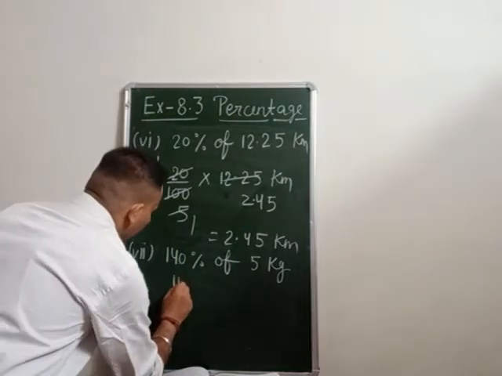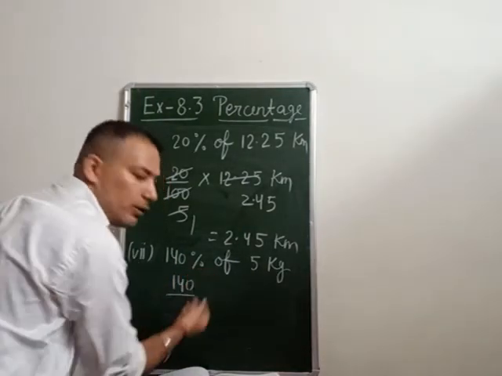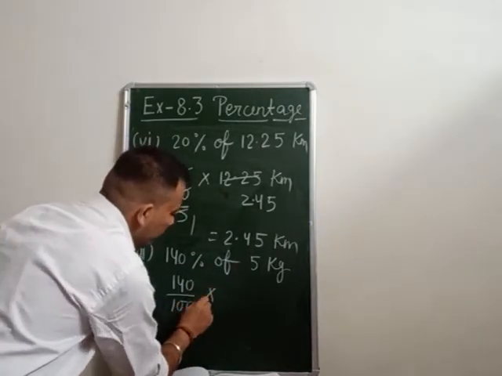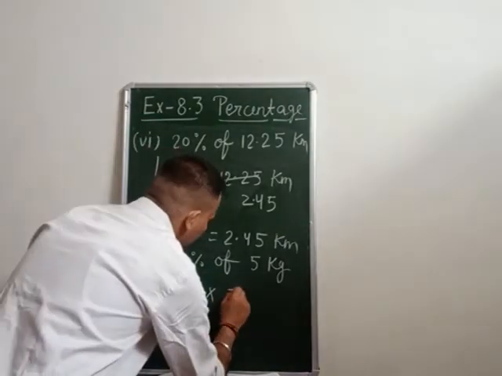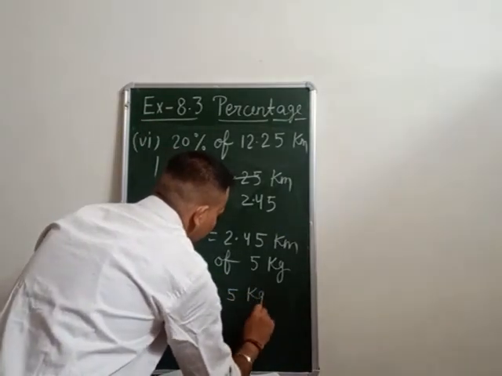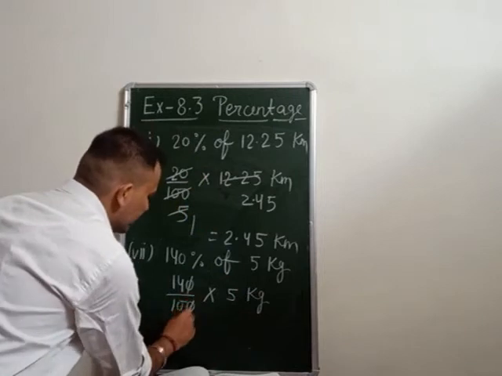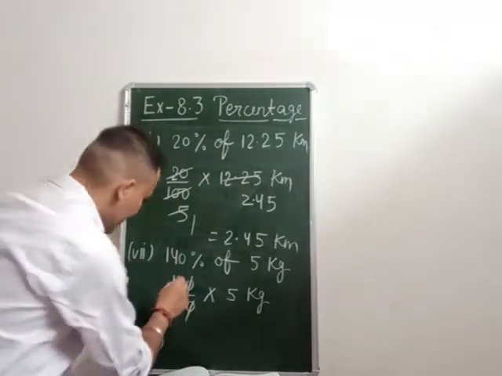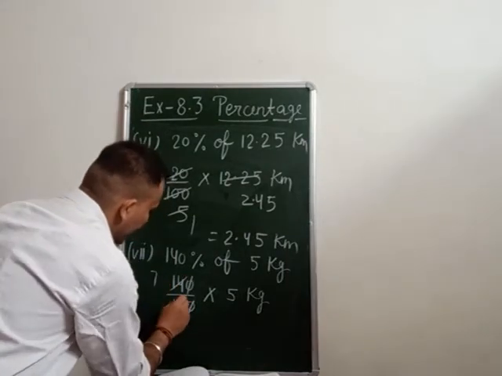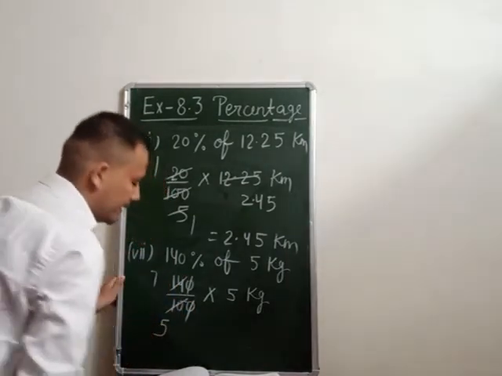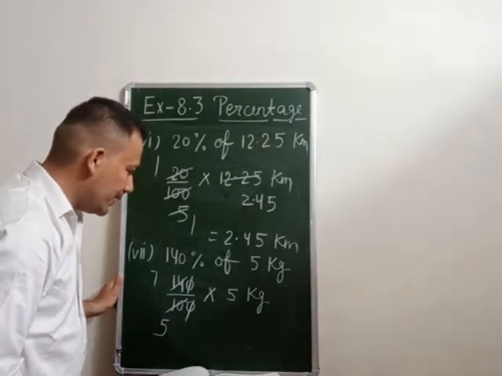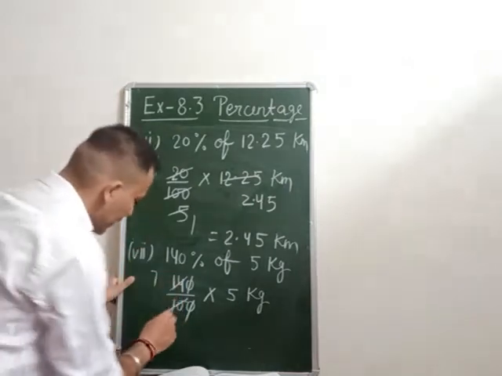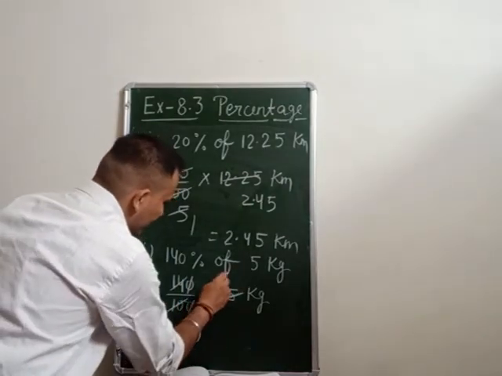140 upon percent. Remove the percent. What will happen? 100 will come down, and at the place of percent, multiply 5 kg. 0 0 cancel. 2 7s are 14, 2 5s are 10. 5 1s are 5, 5 1s are 5.